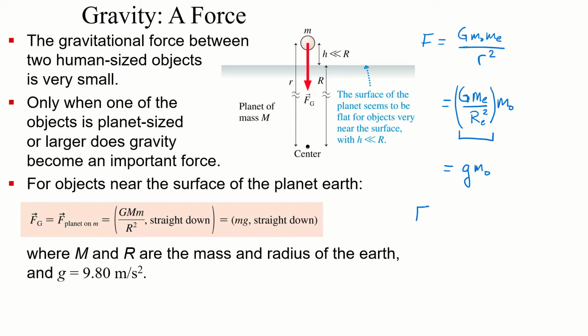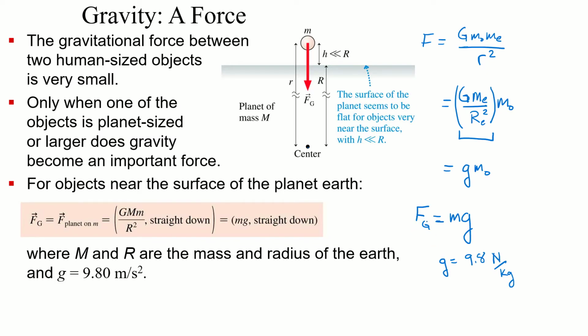So the magnitude of the force of gravity for some object near the surface of the Earth is just the mass of that object times this little g. And that little g is typically accepted as 9.8 newtons per kilogram, or equivalently meters per second squared.